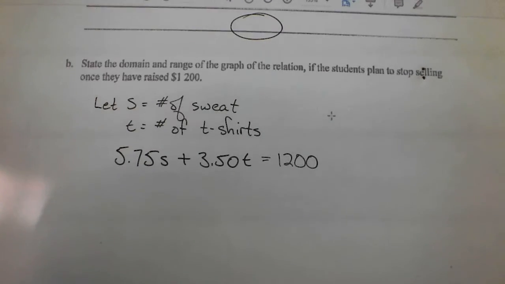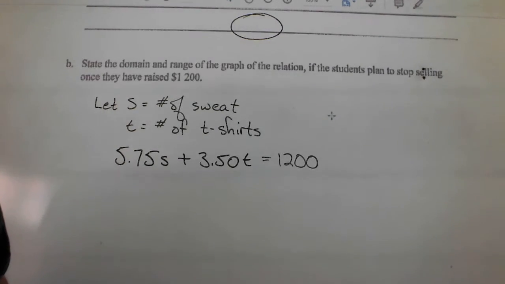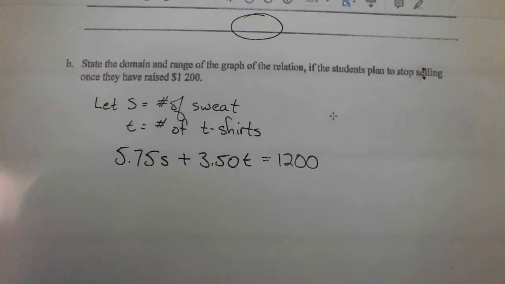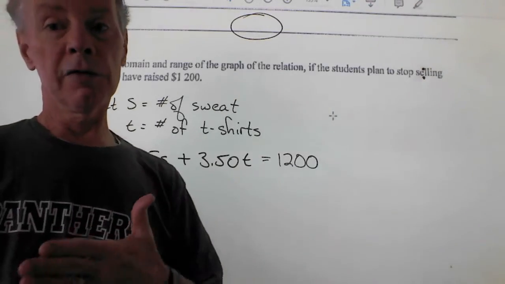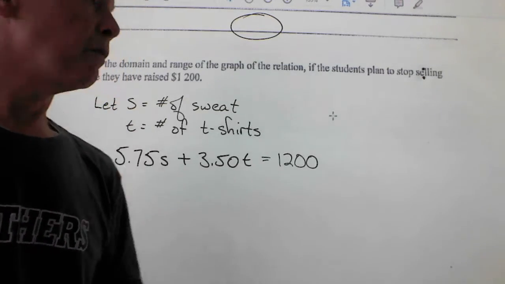State the domain and range of the graph of the relation if the students plan to stop selling once they've raised $1,200. So, what we need to do here is figure out what's the minimum and maximum number of t-shirts we could sell, what's the minimum and maximum number of sweatshirts we could sell.